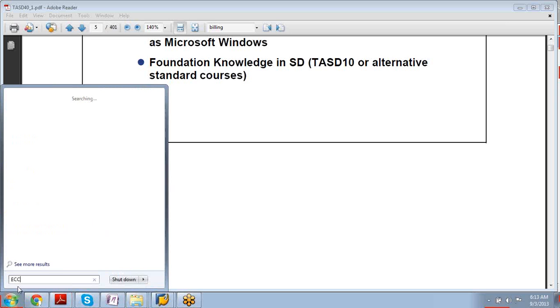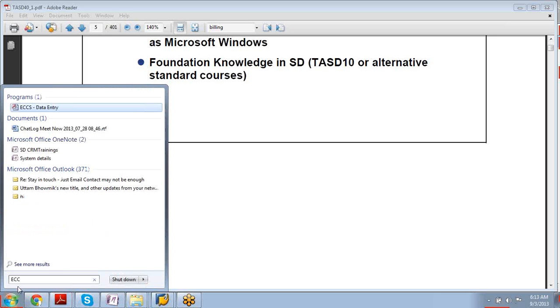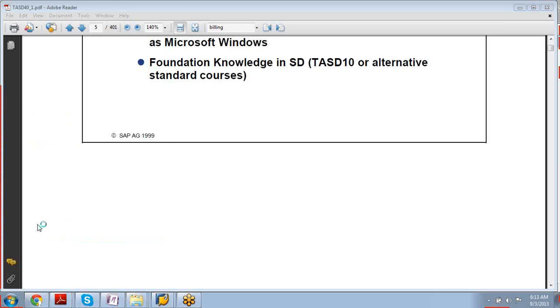In your note, take this ECC Architecture, because I have discussed with some of you, but still I want to reiterate that.